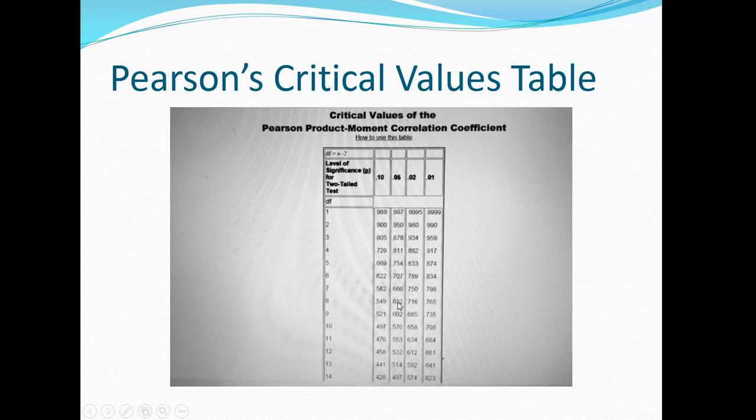Anything above 0.632, I'm sorry, anything above, because we're talking about critical values. So right here, this is the 0.05 significance level for two-tailed, and our degrees of freedom is 8 because it's 10 minus 2.